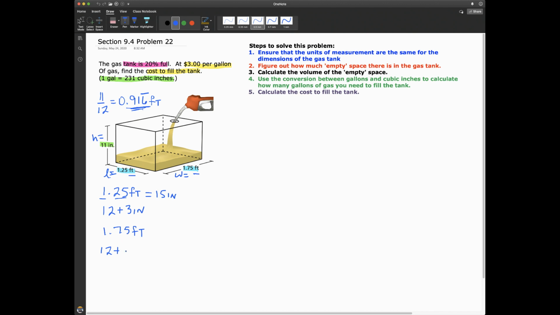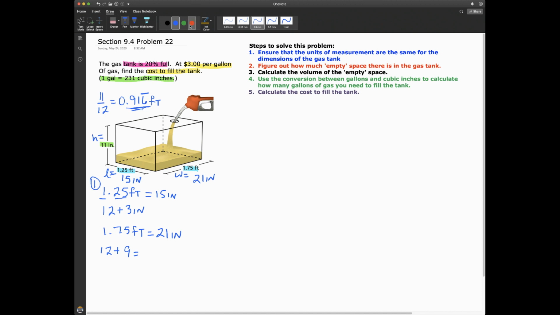How many inches is that? That is 9 inches. So 1.75 feet is 21 inches. Now I can say that my width is 21 inches and my length is 15 inches. So we have taken care of step one.